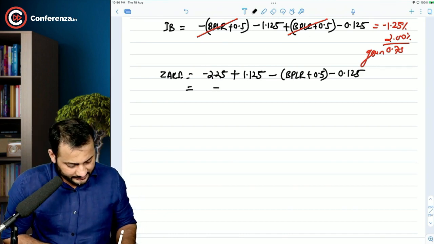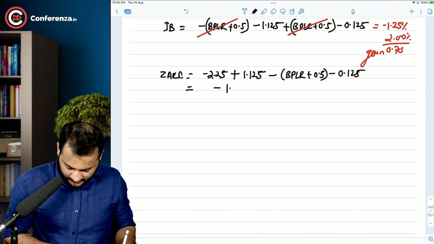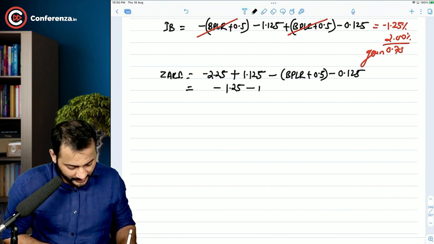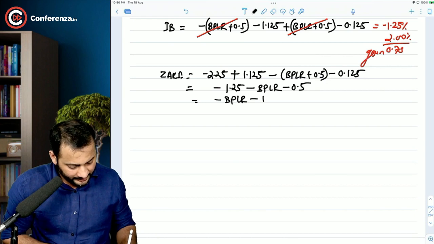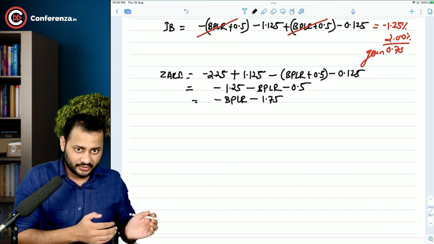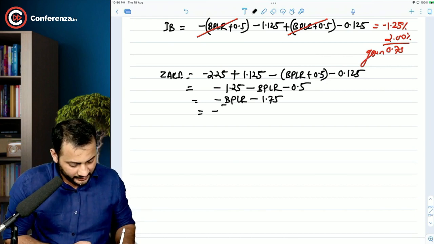It looks like this: minus 1.25 minus BPLR, open the bracket, minus 0.5. So it will look like minus BPLR minus 1.75. Now you take the negative sign outside the bracket, so it will be BPLR plus 1.75%.